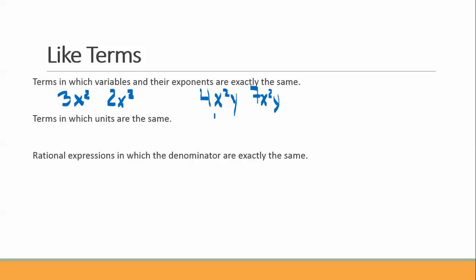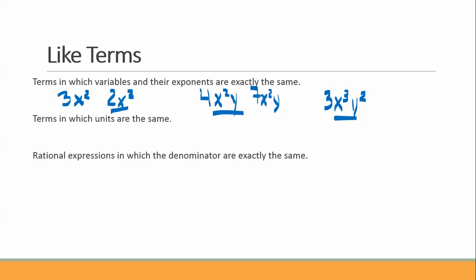Even though these both have an x squared, this one has a y, so this and this are not like terms. Just like 3x cubed y squared, these have different exponents, so this one is not a like term with these two or with this one.